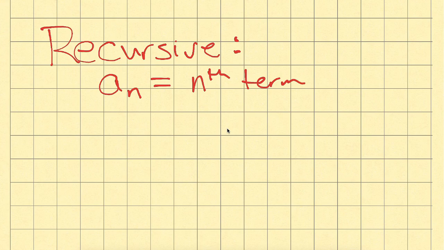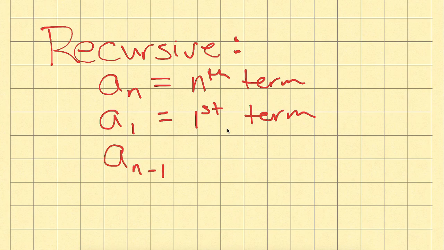Might be the 47th term, might be the 13th term, usually for recursive we only go up to about 4 or 5 because you got to know the previous one. Remember a sub 1 is the first term. And remember a sub n minus 1 is what we're referring to as the previous term.